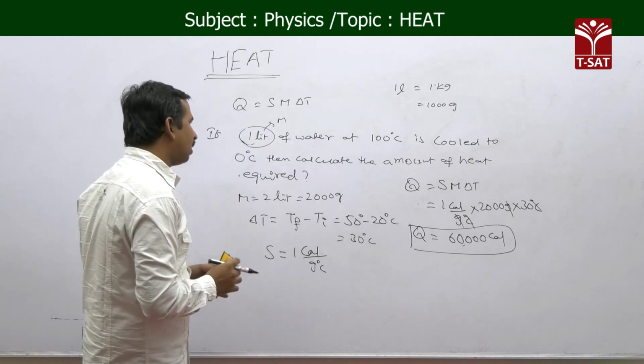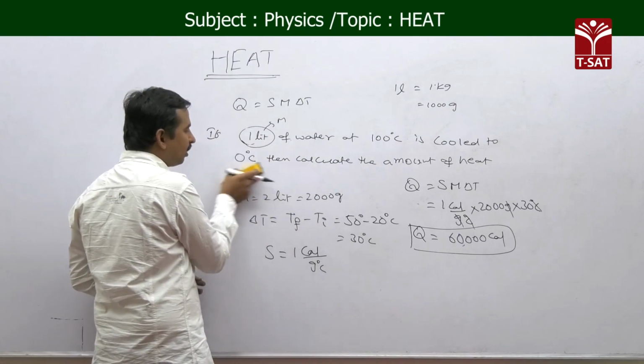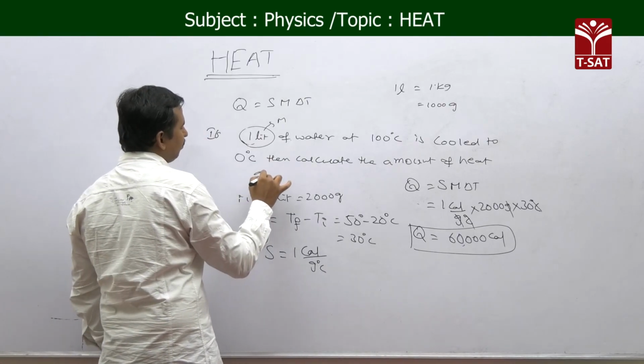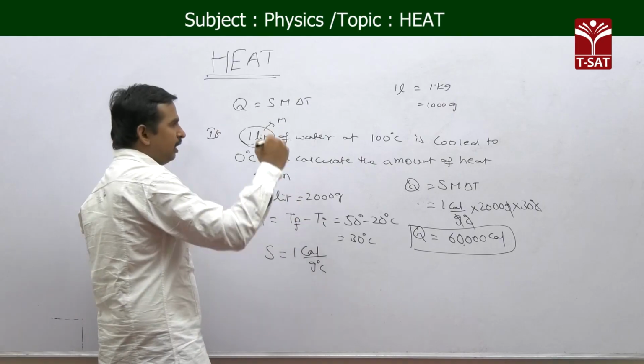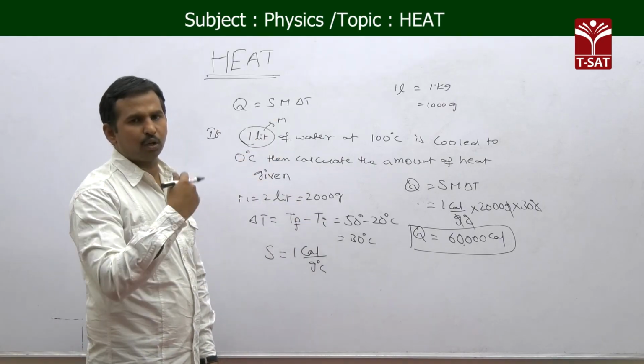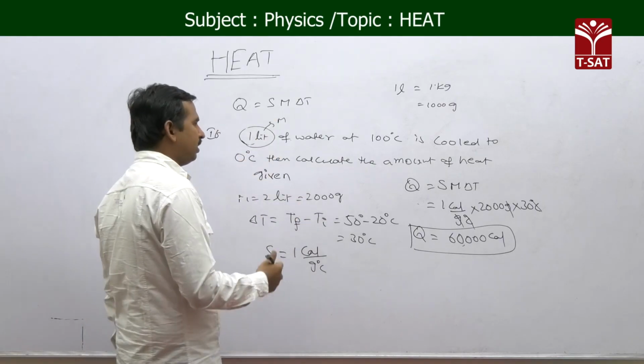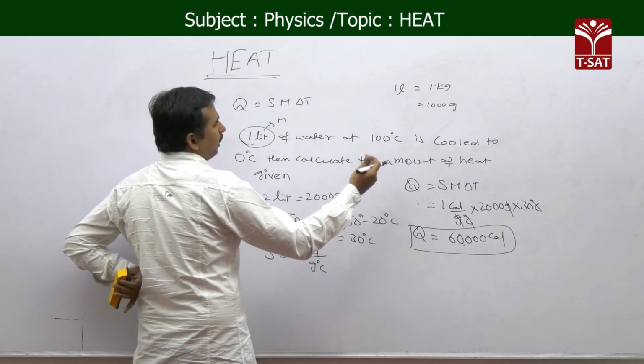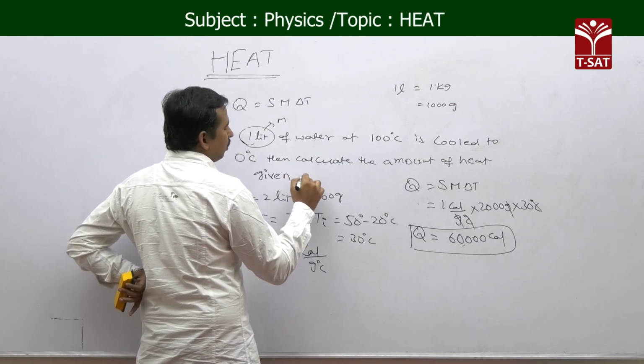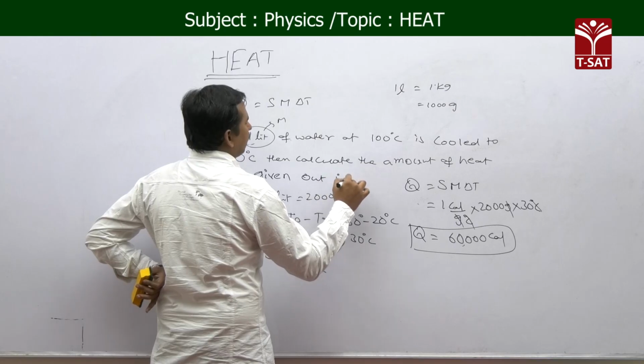Then calculate the amount of heat given out. Because there is a decrease in temperature, there is a loss of heat energy, so find the amount of heat energy given out in calories.